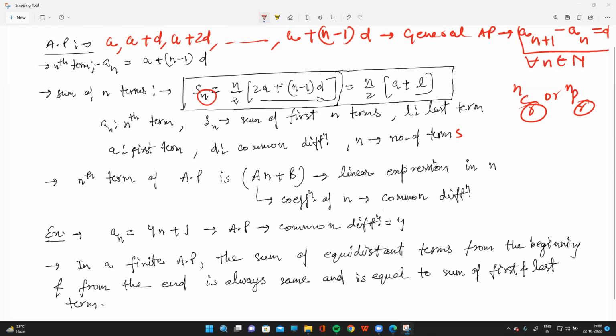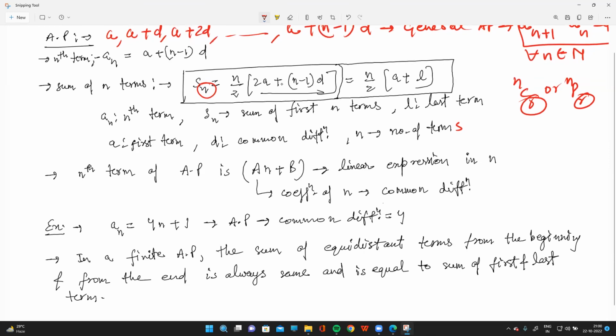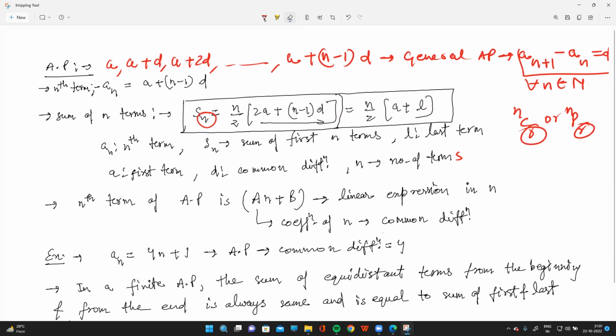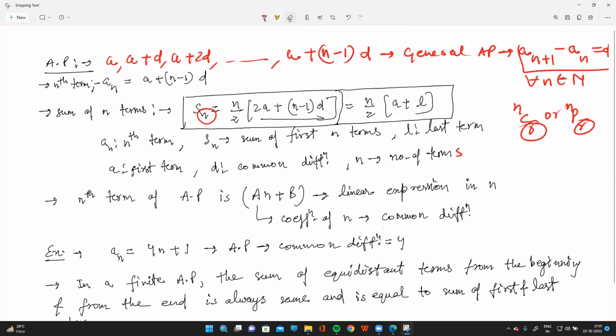And a term of AP is a linear expression in N. These are some basic things, basically, which I want you to understand. These things are very basic. So last term is what? L or An, right? But how do you define that term?